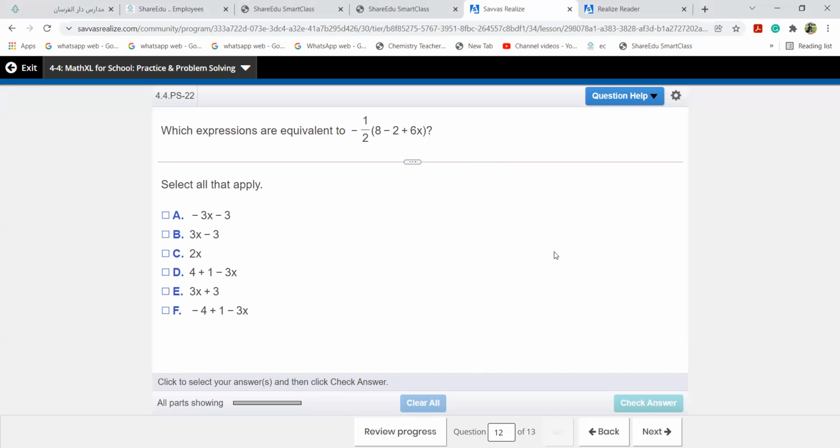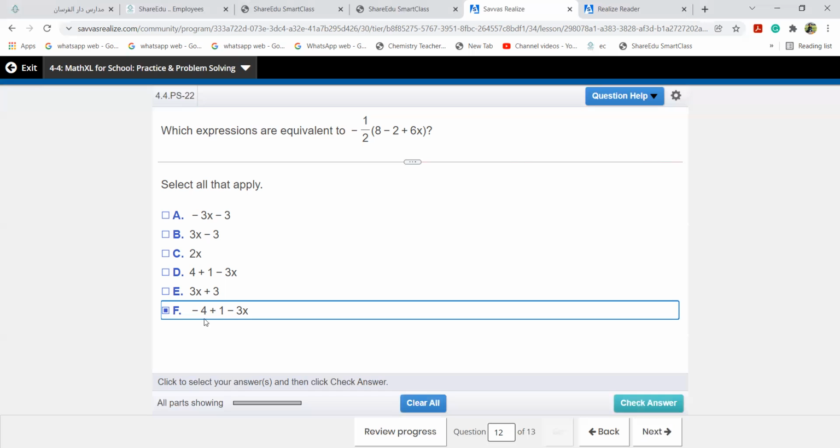Miss, I got -4 plus 1 minus 3x. Excellent. Miss, I got the F, the last one. Excellent answer. -4 plus 1 minus 3x. But if you solve -4 and +1, what do you get? Because you can solve numbers.